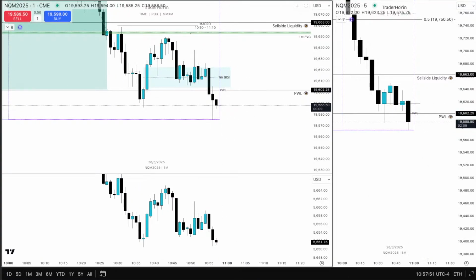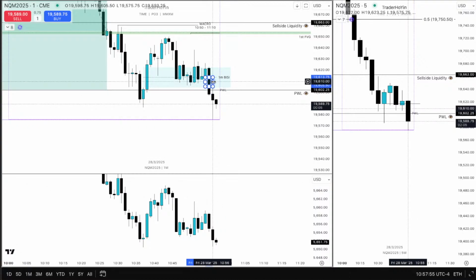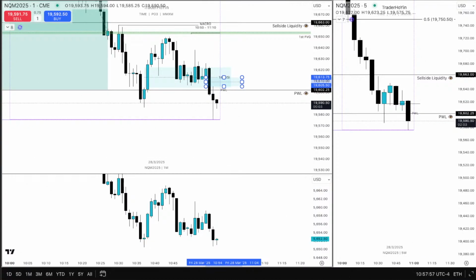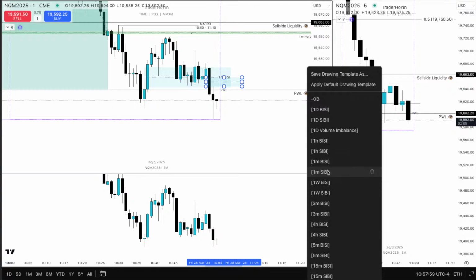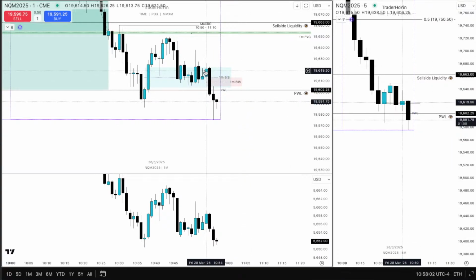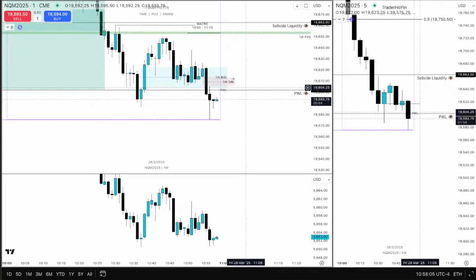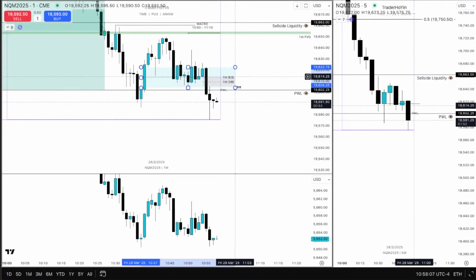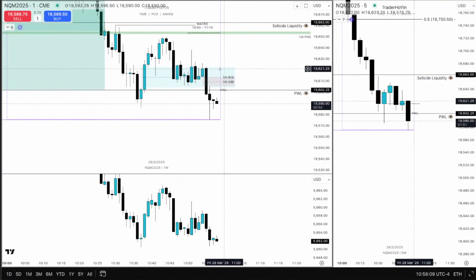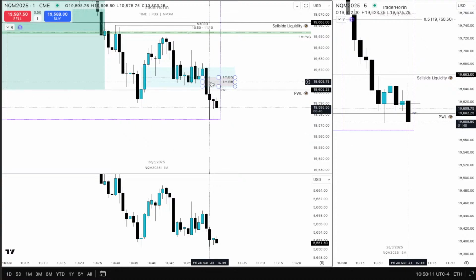You have 2 PD arrays here, 3, not 2: a very short block, a CB, and a busy. So these 3 PD arrays should hold price down.